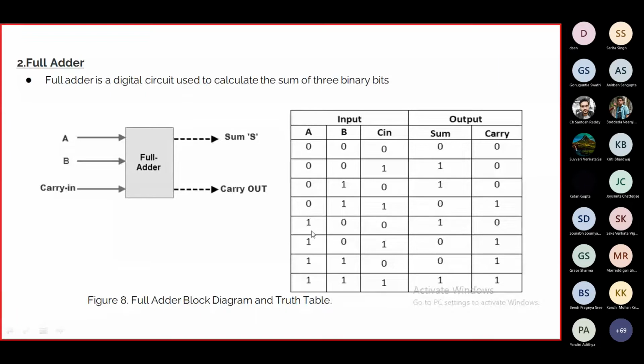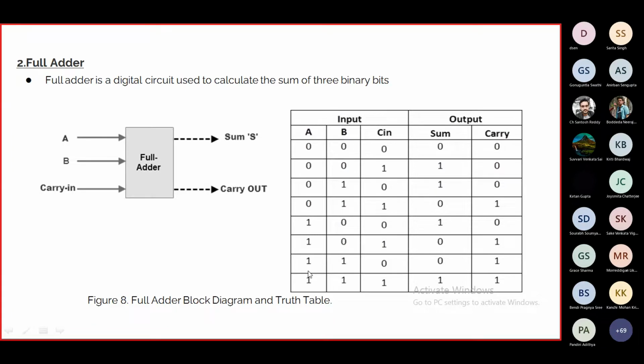When we take input 1, 0, 0, 1 plus 0 is 1, and 1 plus 0 is again 1, so sum is 1 and carry becomes 0. When we take input 1, 0, 1, 1 plus 0 is 1, and 1 plus 1 generates a carry, so sum is 0 and carry becomes 1.